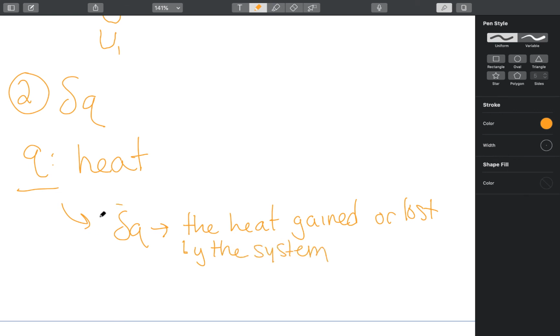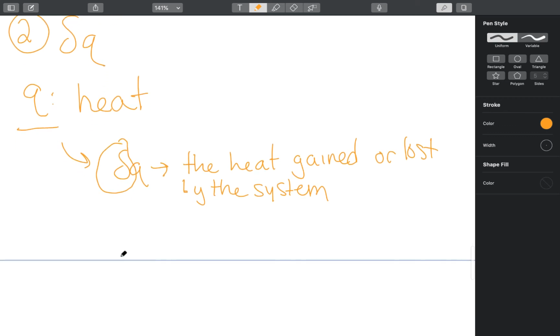So what does this little d, this different type of d, look like? What is this different type of d telling us? Well, this type of d is telling us that Q, or heat, is a process function.